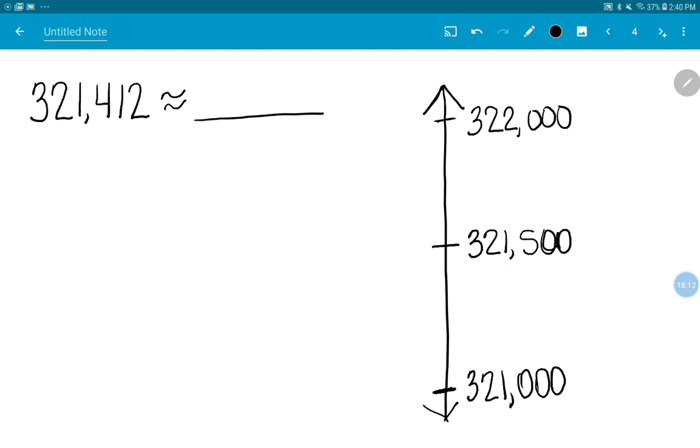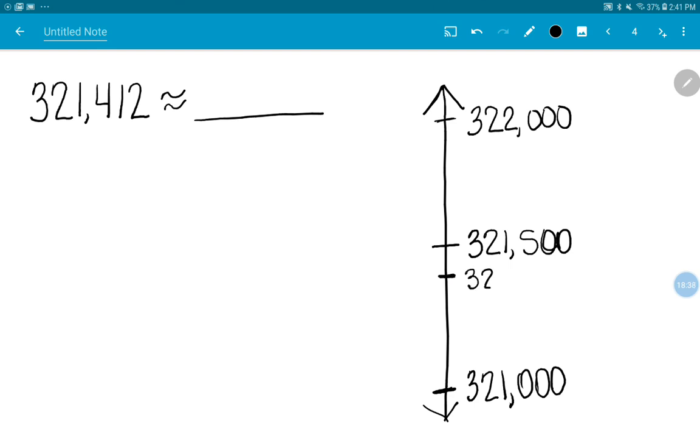Where's that going to go on the number line, Tatum? Yeah, it's just a little less than 321,500.